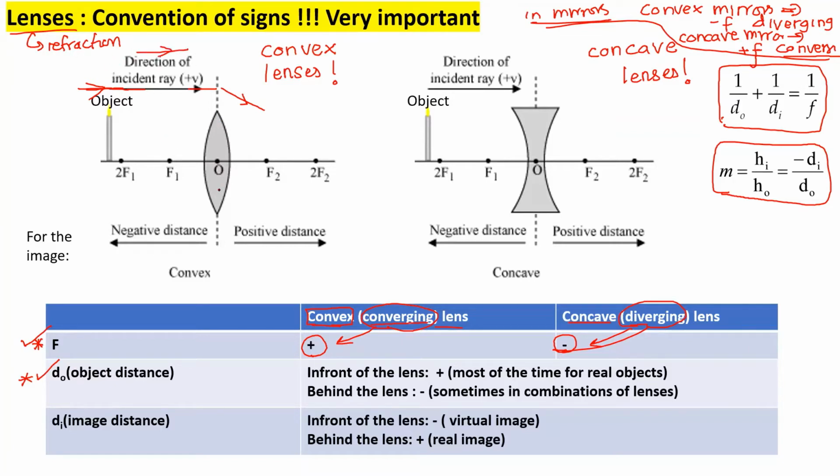I got a question again. In a mirror, convex is diverging. So yes. In a mirror, convex is diverging. In a mirror, concave is converging. It's correct, right?